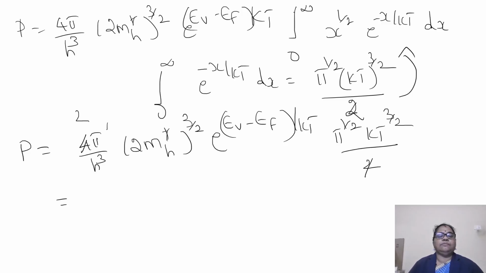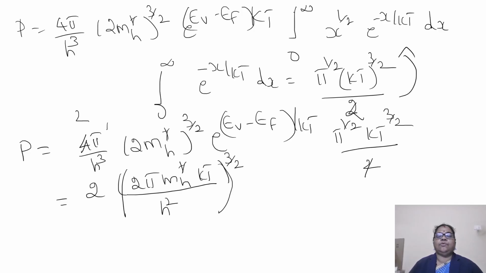So we can simplify this 2 and 2 pi mh star kT, and also we can have h square to the power 3 by 2, which is multiplied by e to the power (Ev minus Ef) by kT.